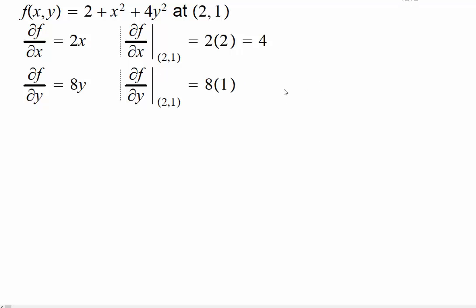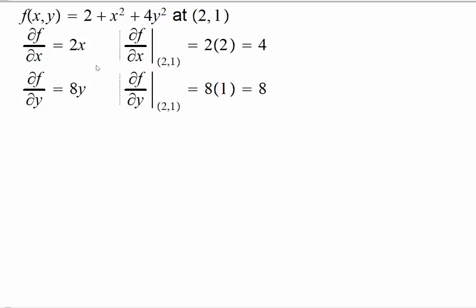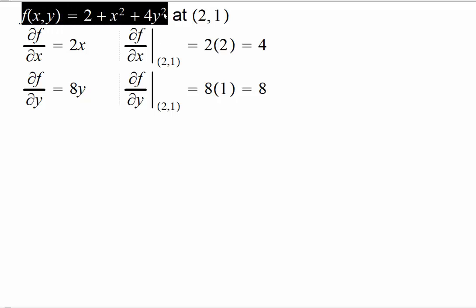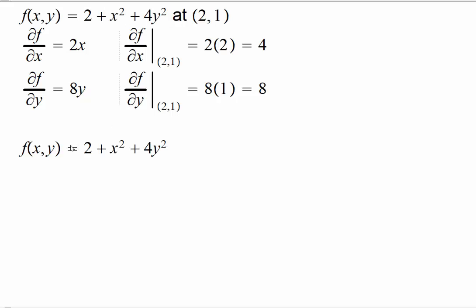So let's quickly review a geometrical description of this. Now, before going further, let's quickly notice one thing, that the value of the function at 2, 1 is 2 plus 2 squared plus 4 times 1 squared, and that is going to be 10.